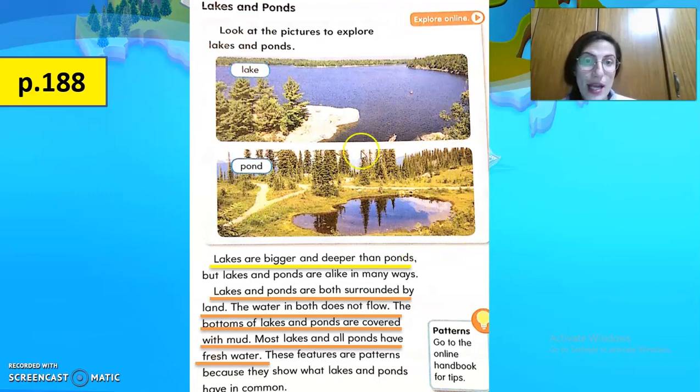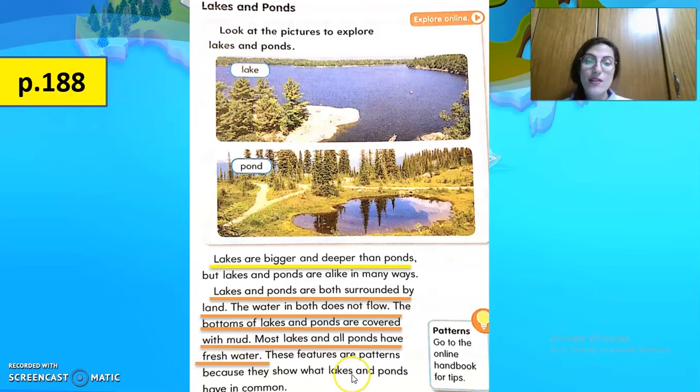It stays in its place, okay? And the third is that both the lakes and the ponds have muddy bottoms. Now, there is one more, but it does not apply for all. That's why we say most lakes, okay, and all ponds have fresh water. So not all the lakes, most lakes have fresh water and all ponds have fresh water.